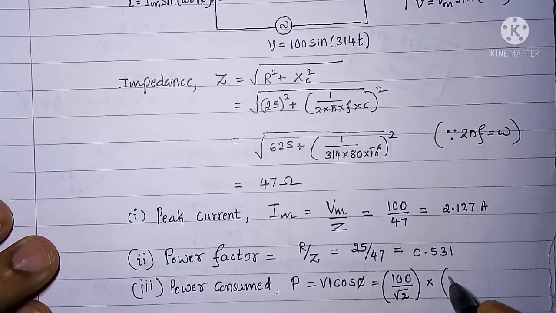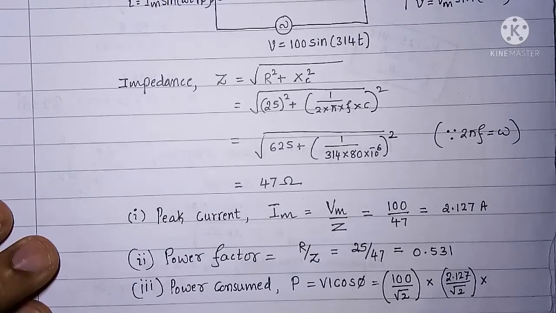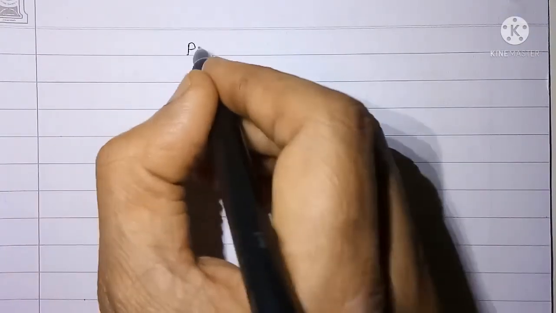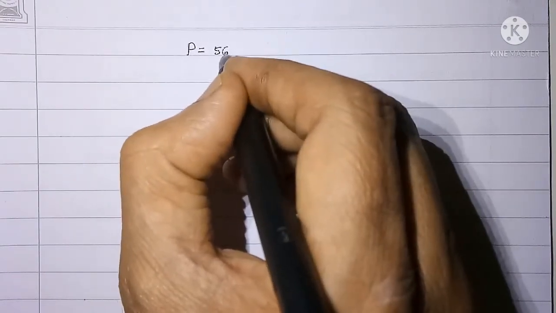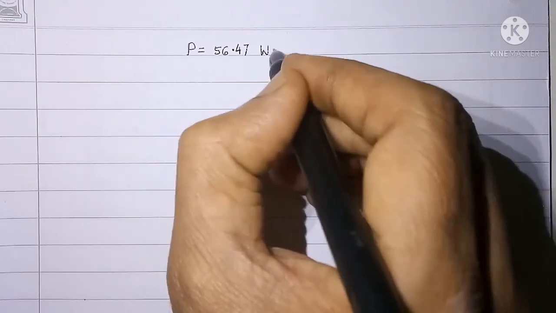Peak current is 2.127. Again peak current by root 2 is RMS current, into power factor 0.531. Simplifying this we get P equal to 56.47 watts.